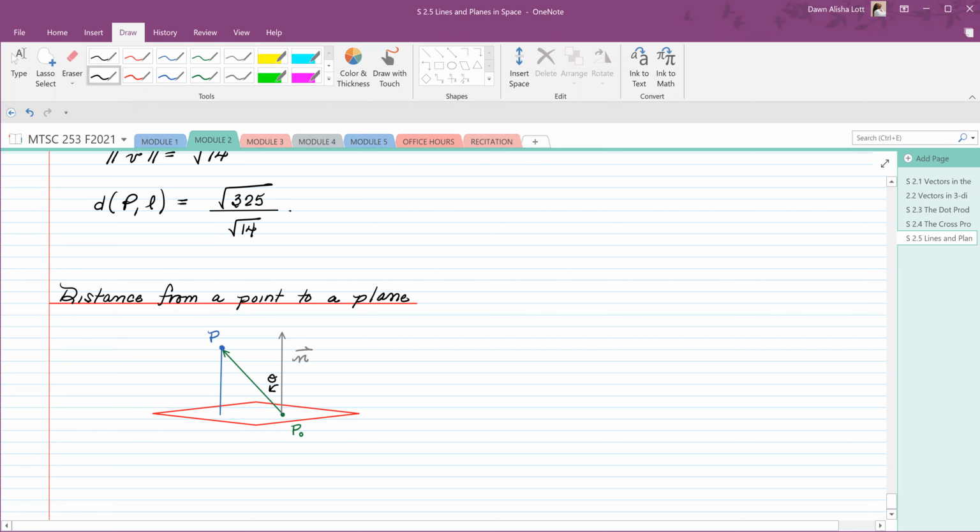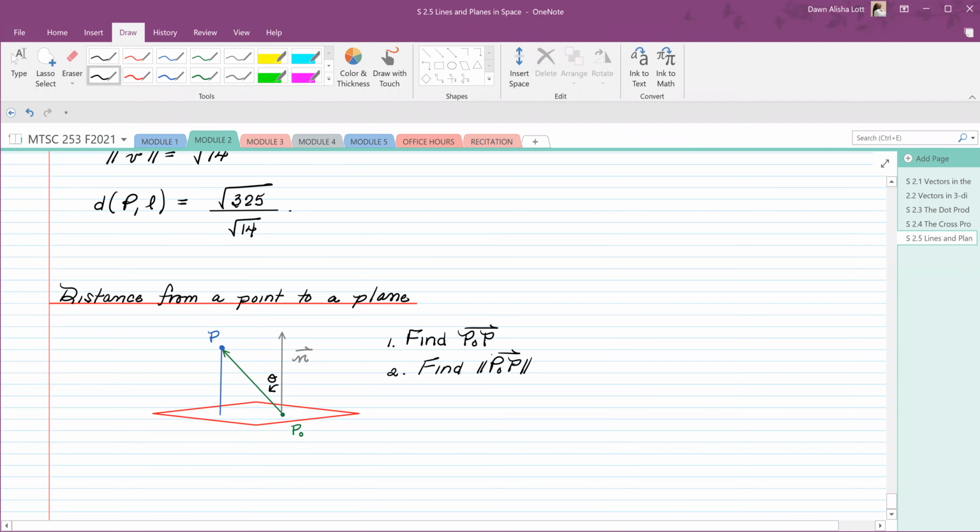Okay, so now if I take and find the length of P naught P, then find the length of it. Okay.